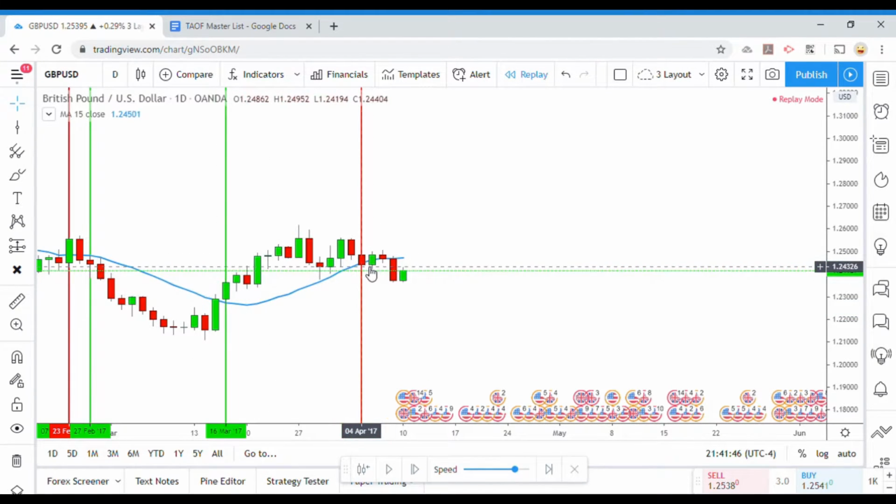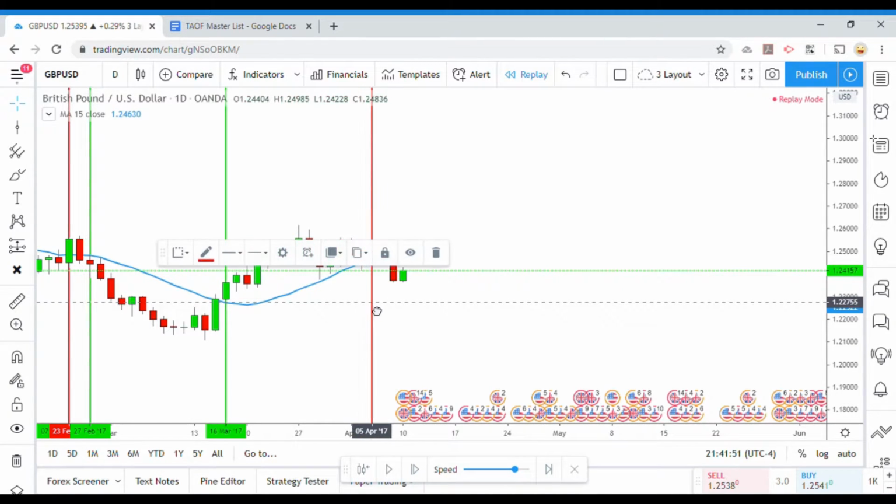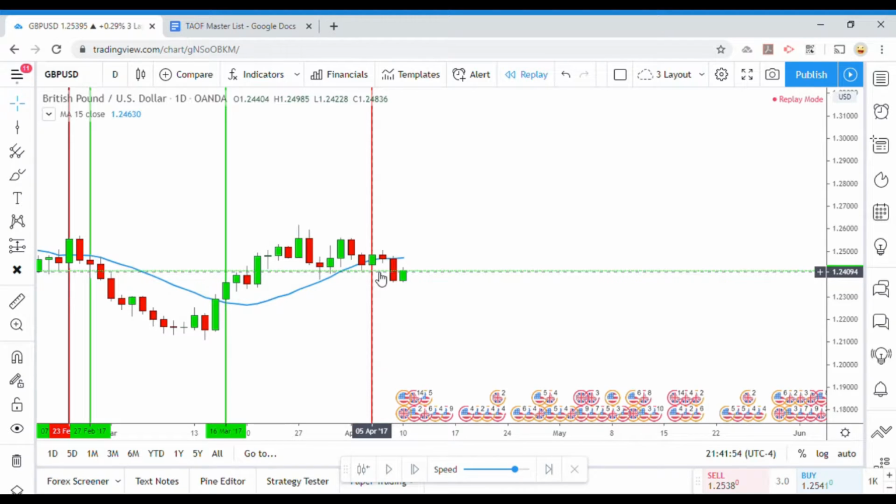Here's another one. Another thing when it comes to a single line cross: when you get a signal to go one way and then it turns around and gives you a signal the other way, you have to stop out of that trade, regardless of whether it's hit your stop or not. If it's giving you a signal in the other direction to enter a trade, then you should be stopping out of that trade.